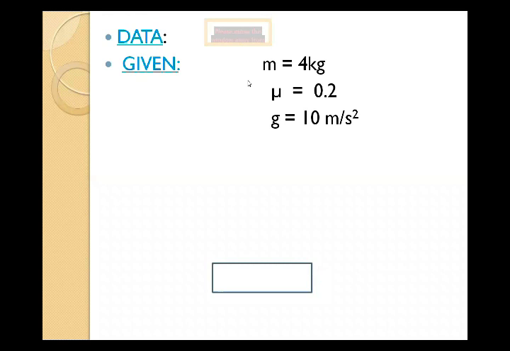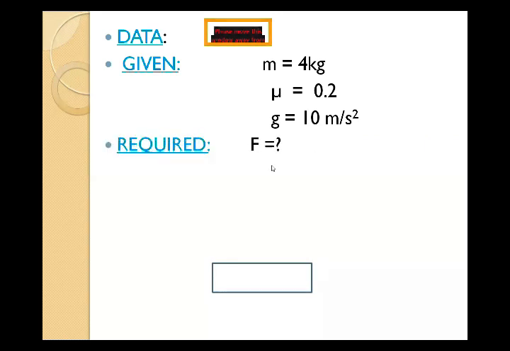Okay. So in our data, the given values are mass, that is 4 kilogram, coefficient of friction is 0.2, and g stands for the acceleration due to gravity, and we take it as 10 meter per second square. The acceleration due to gravity can be taken as 9.8 or 10 meter per second square.